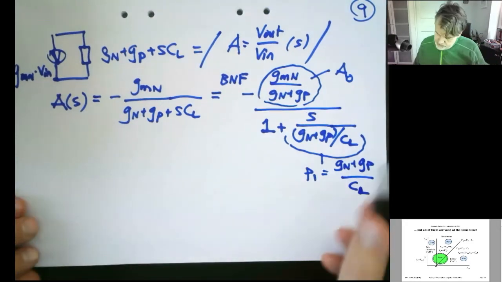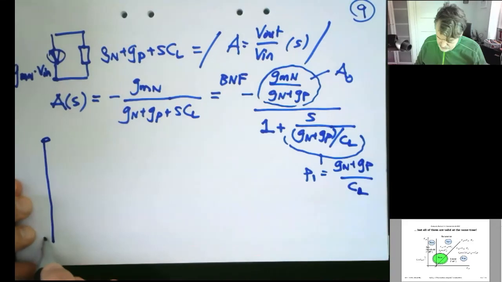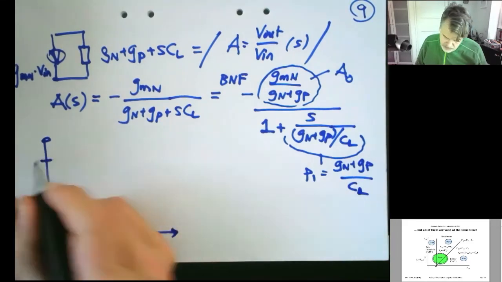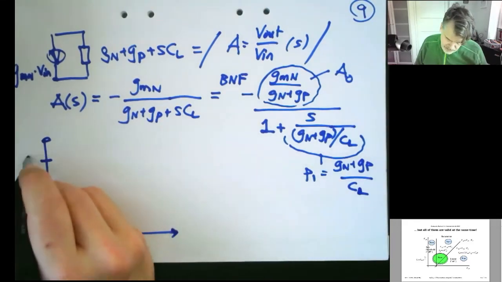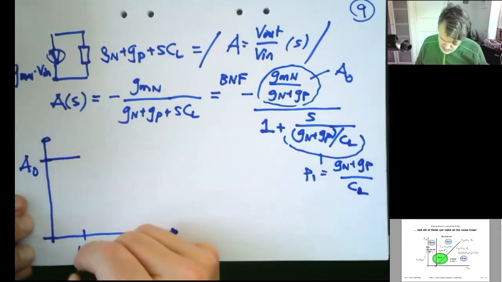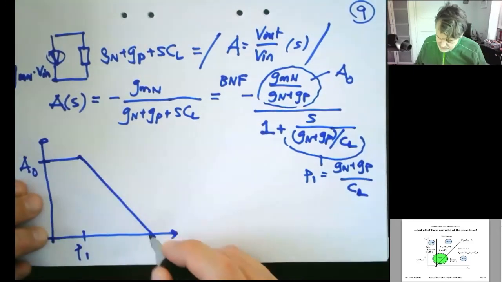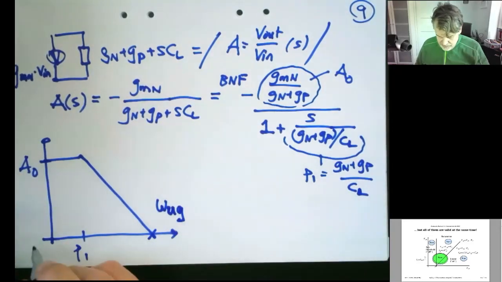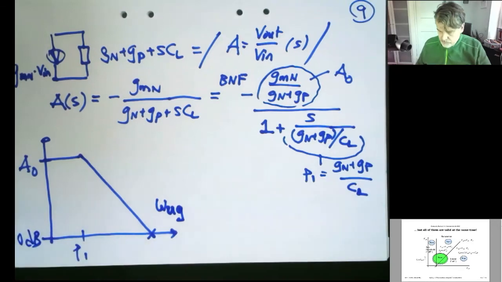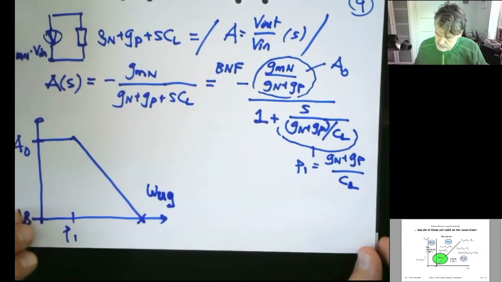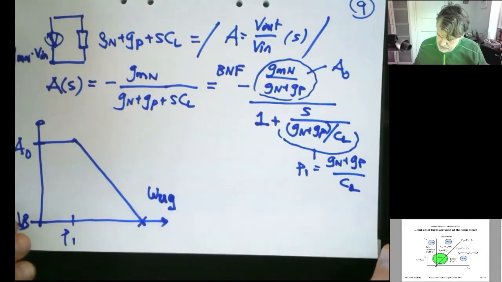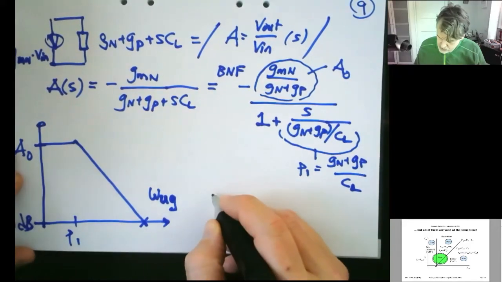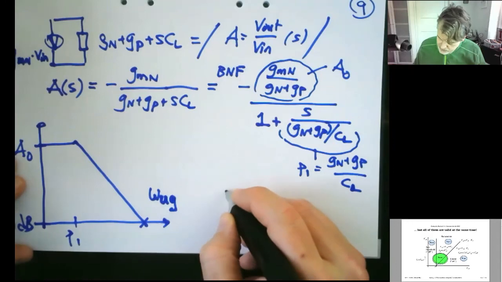All right, so let's just get to some graph here in Bode's plot. So I have A0 here, I have P1 here, and then I have my unity gain frequency, omega ug, here at 0 dB. Okay, let's conclude here a little bit quickly on my last minute.